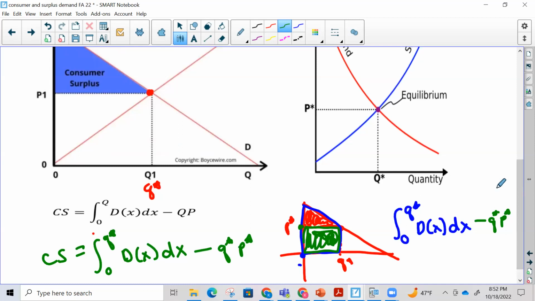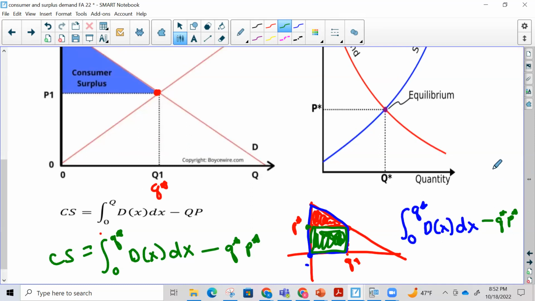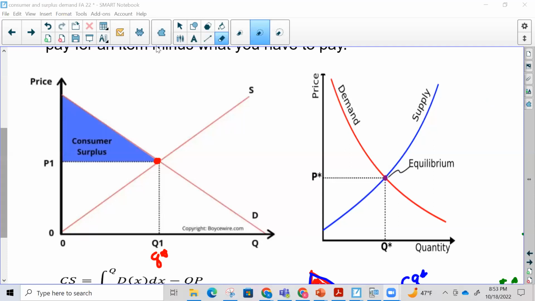The same thing would be true if it's not a triangle. For this one, I can't exactly see where the demand curve intersects the y-axis, but we would say this curve intersects it somewhere.